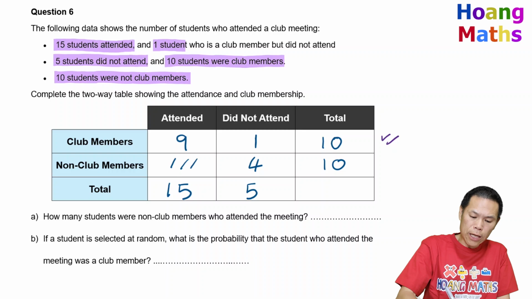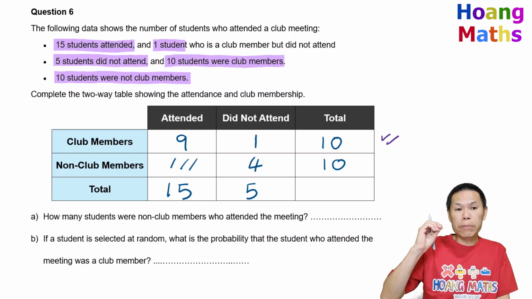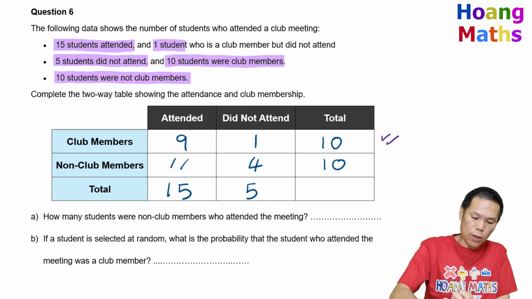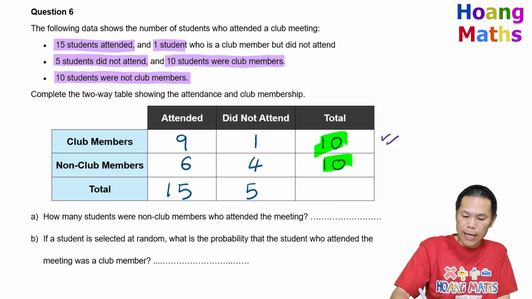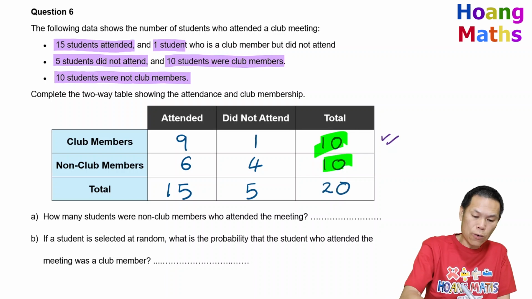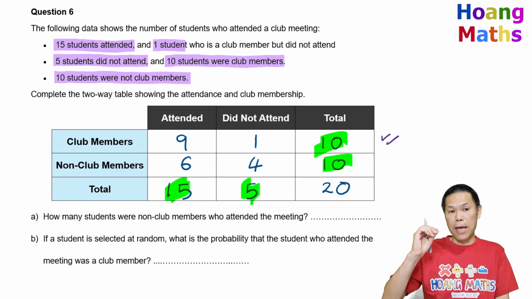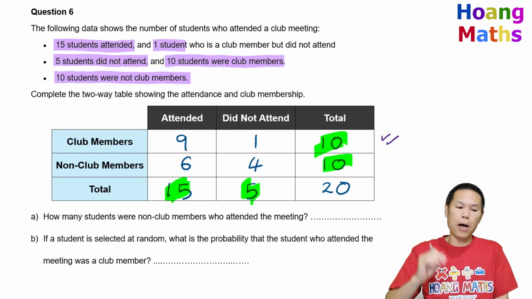And this box here, a number plus 4 gives me 10. So 10 minus 4 is 6. And then we can work out the total number of students by 10 plus 10, gives me 20 here. Otherwise, you can go 5 plus 15. So it should give me the same answer, that is 20. Okay, keep that in mind.